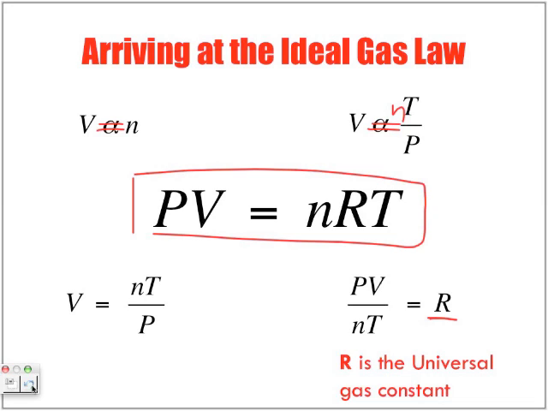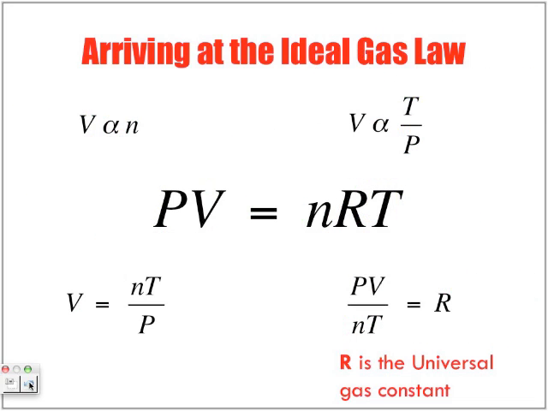So pressure, volume, number of moles, temperature, and a constant that you're going to have to memorize. I'm going to show you how to get to that R value without having to memorize it, with little change to the numbers that we're using. I'll show it to you when we actually get to it.